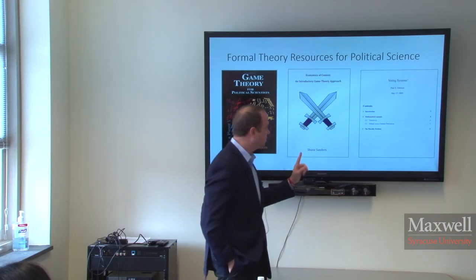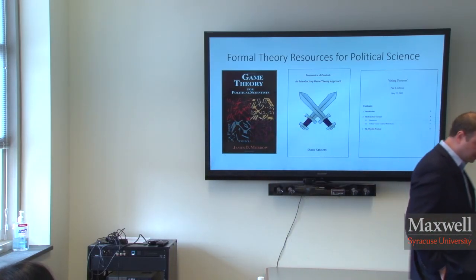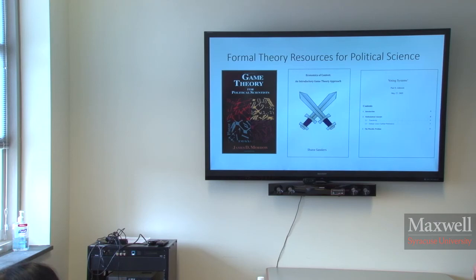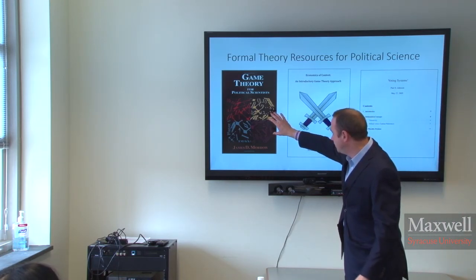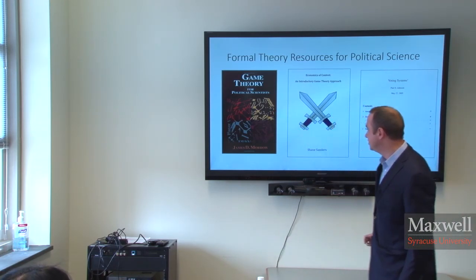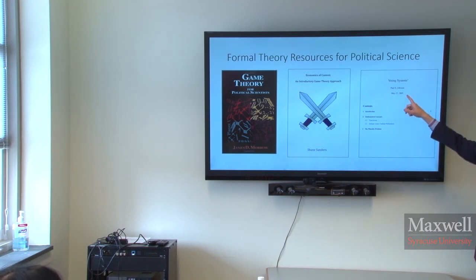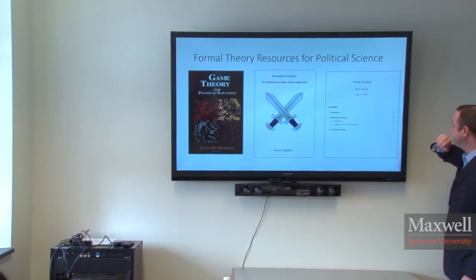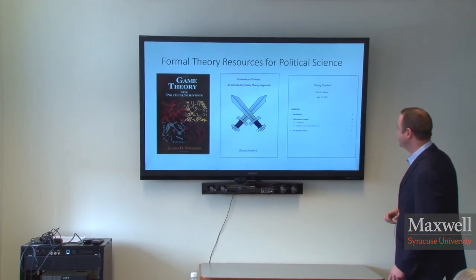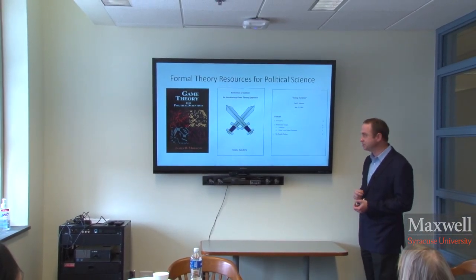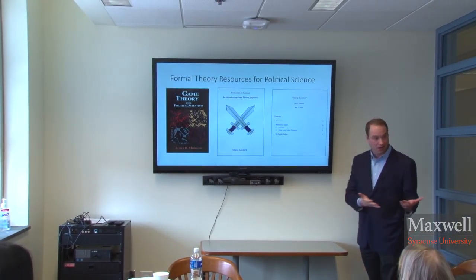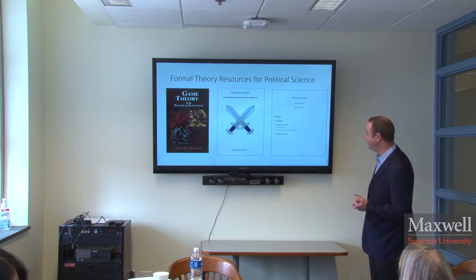This is also something you can get online as a PDF. James Morrow is a political scientist at the University of Michigan. Paul Johnson is a political scientist at the University of Kansas, very interested in voting systems and social voting aggregation.